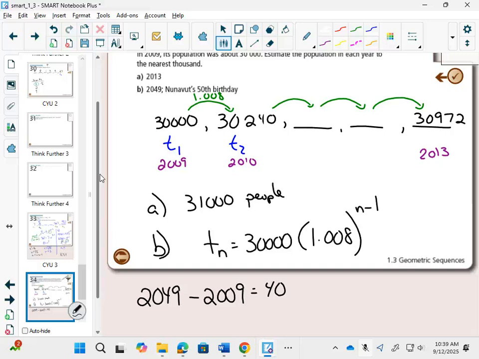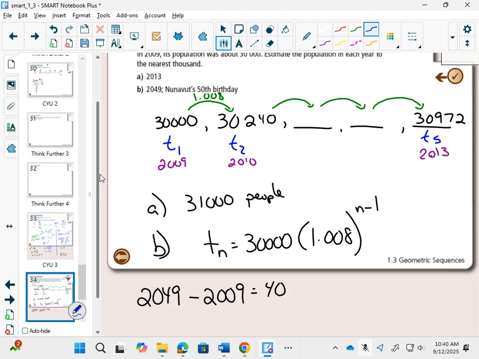But sometimes when I'm doing real life problems like this, I want to double check. Is it going to be term 40? Well, check 2010. What happens if you do 2010 minus 2009? Do you get 1? Is 2010 term 1? No, it's term 2. 2013 minus 2009 gives me 4, but 2013 was term 5.